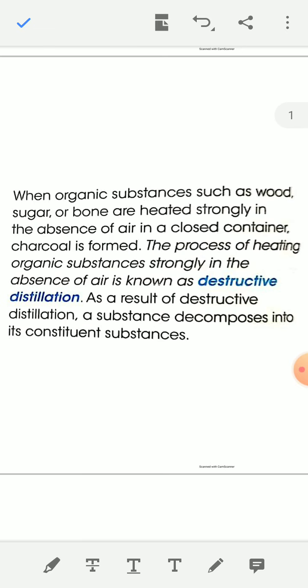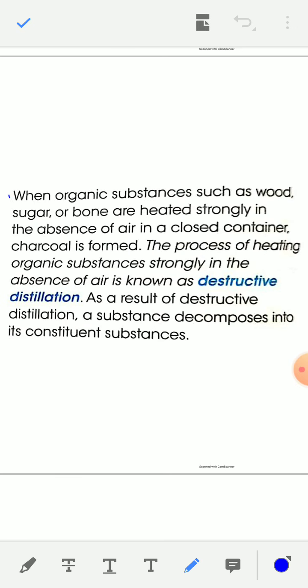When organic substances such as wood, sugar or bone are heated strongly in the absence of air in a closed container, charcoal is formed. So how to produce charcoal? You have to heat wood, sugar or bone strongly in absence of air in a closed container.